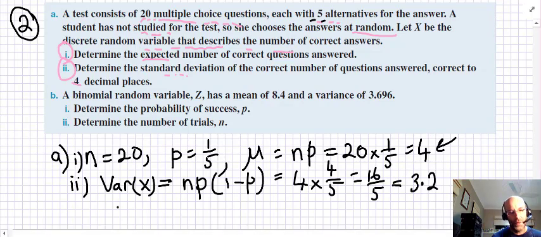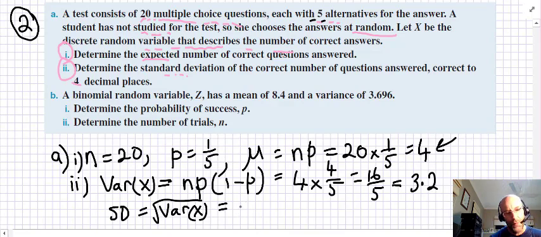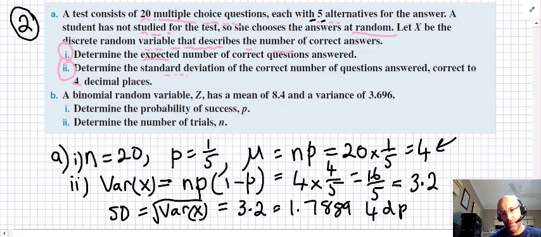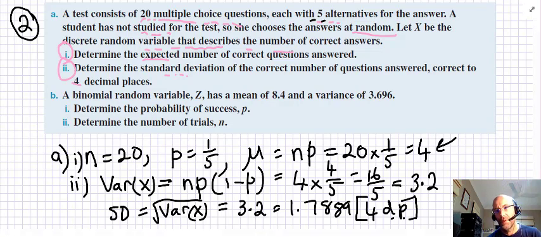So the standard deviation is the square root of the variance, which is the square root of 16/5 or the square root of 3.2, and either way, to 4 decimal places, that will come out as 1.7889 according to my calculations. You could write that with surds as an exact value, I guess.